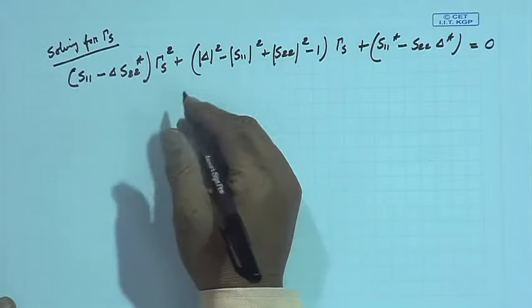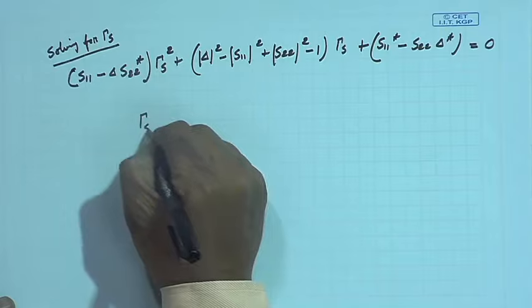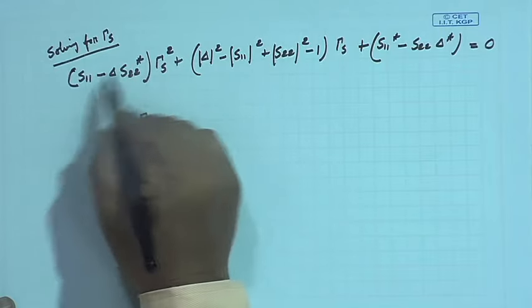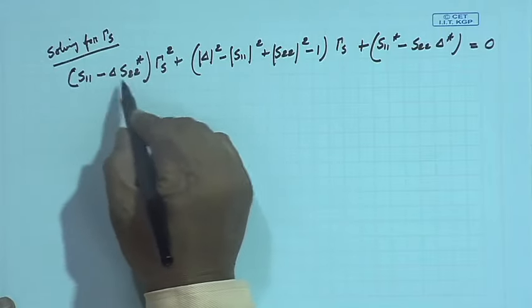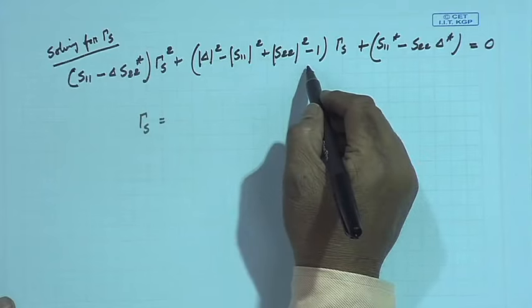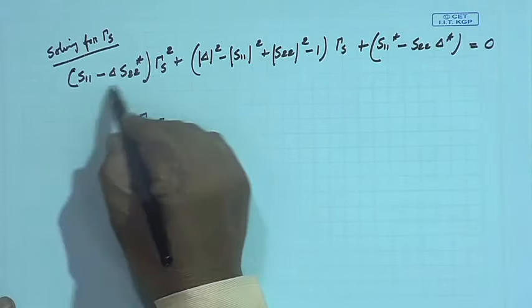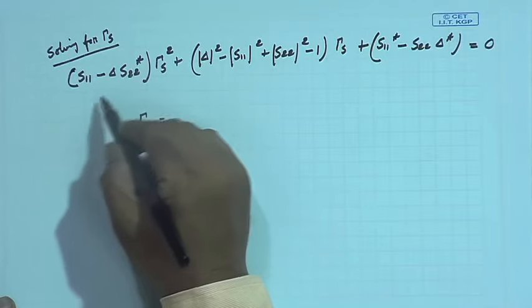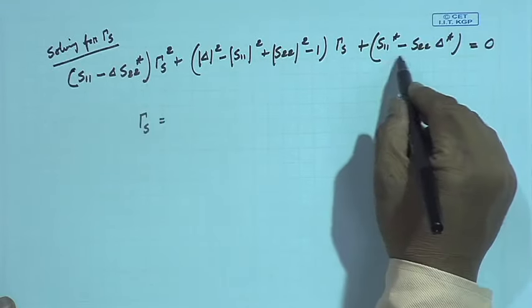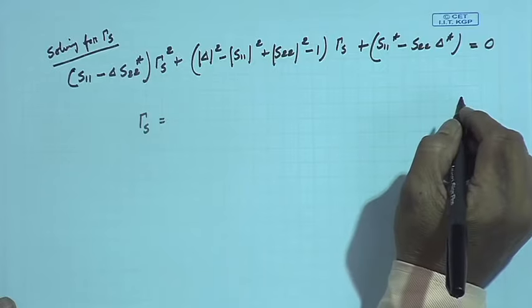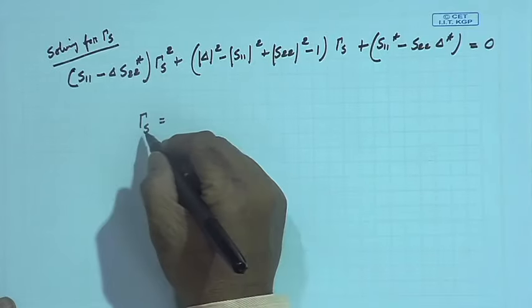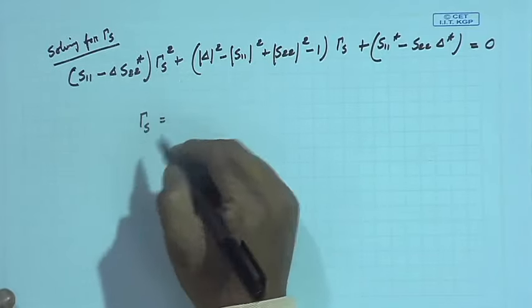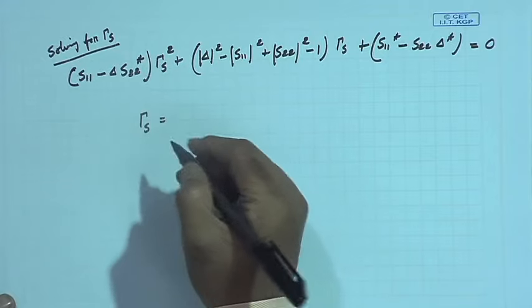So gamma S, you see, has some complex number, some real number as the coefficients. We know the solution of a quadratic equation, we can find the roots.